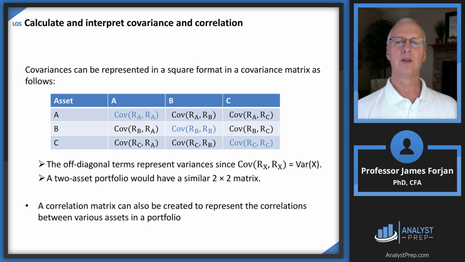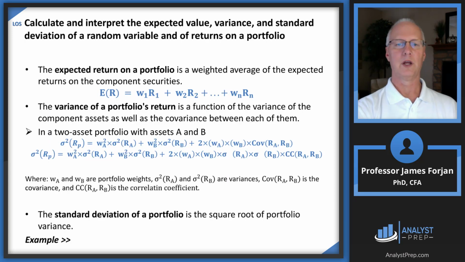So the covariance matrix has the variances on the diagonal. But the non-diagonal terms are going to be the covariances. So look at the intersection of A and B, covariance between RB and RA, et cetera, et cetera. And you can do this with correlations as well.